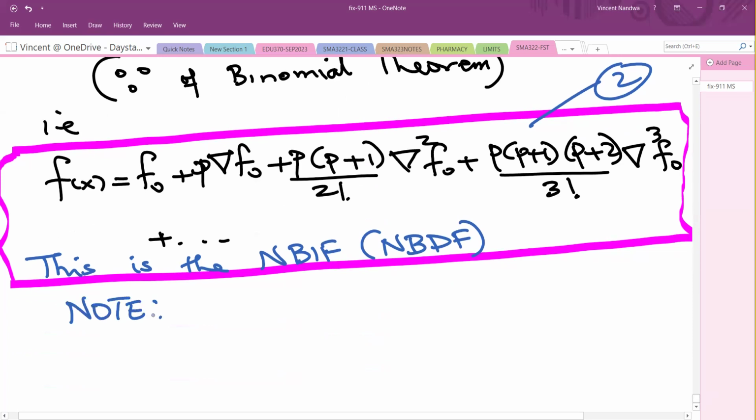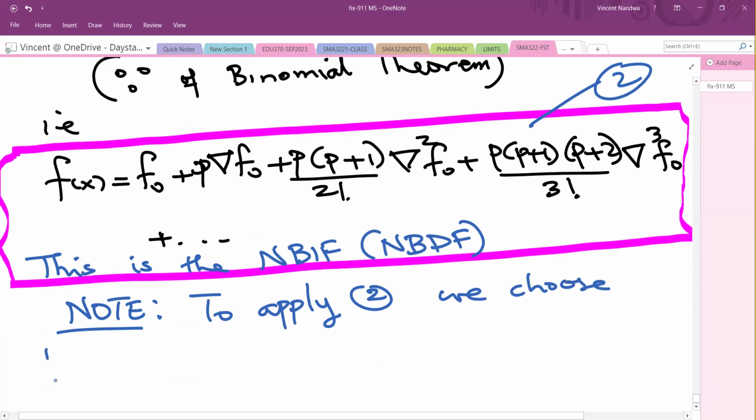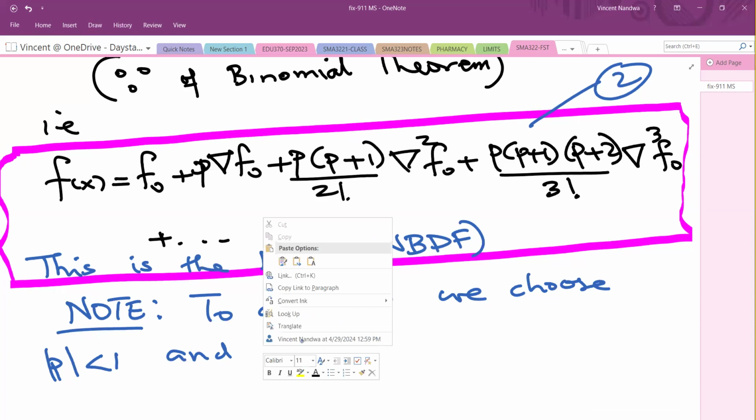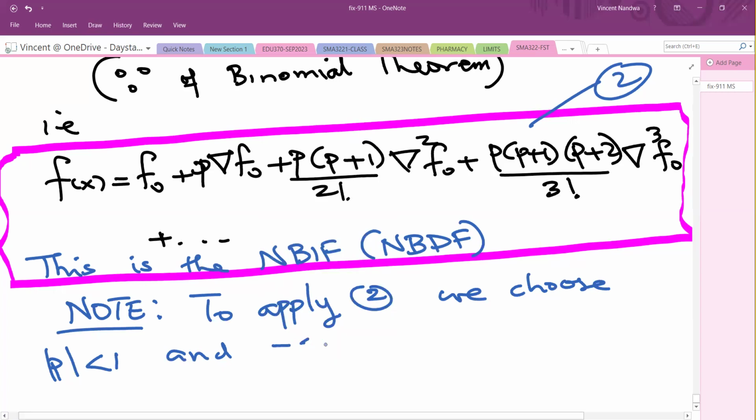So note, to apply formula 2, we choose the absolute value of p to be less than 1 to have a minimal truncation error.